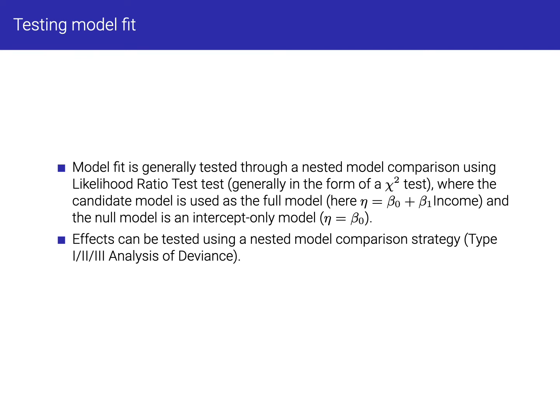And the nuance between type 2 and type 3 is that type 2 may change models in order to respect the marginality principle. In other words, when you have an interaction and you're testing main effects, it removes the interaction in order to test the main effects. That's a simplified version of it, but that's the idea. Versus type 3, which doesn't do anything. It just keeps the complete model regardless of whether there are interactions or not.